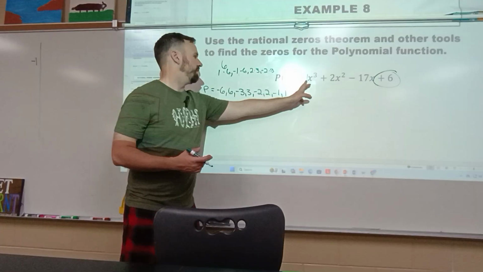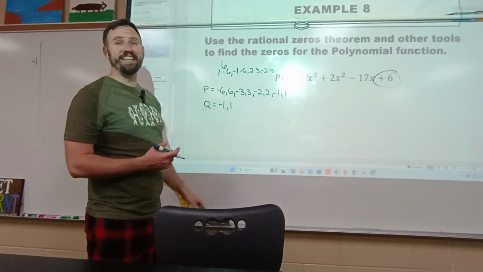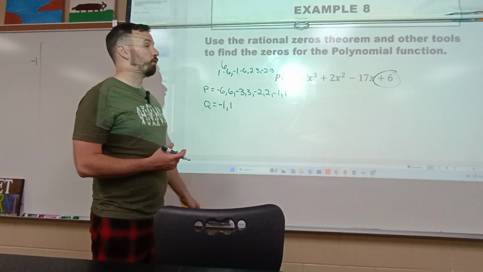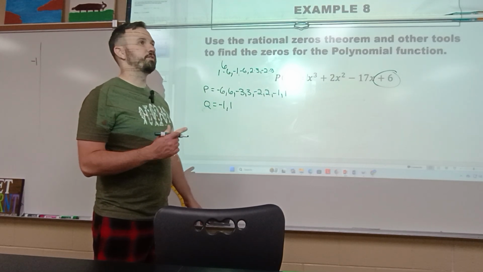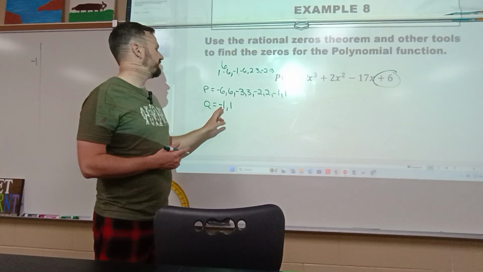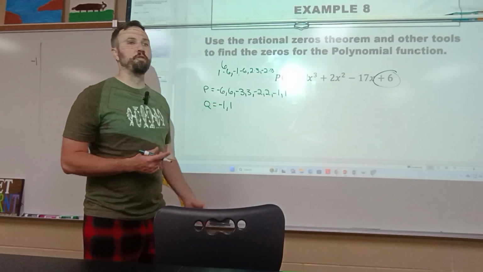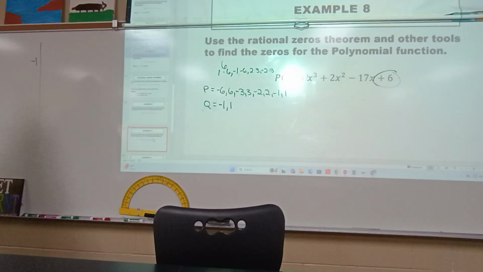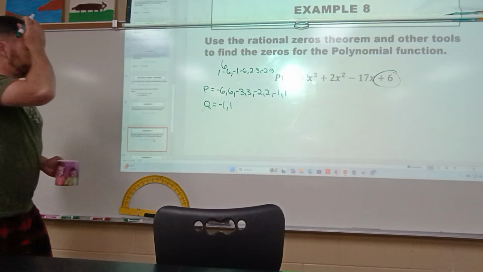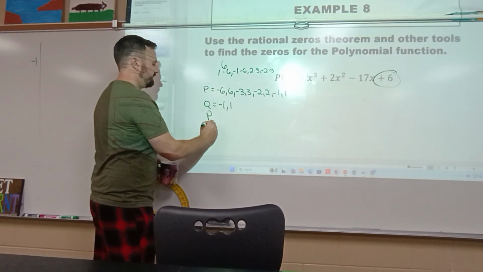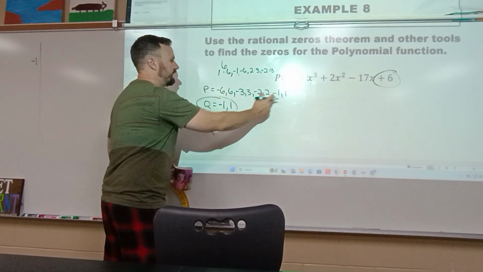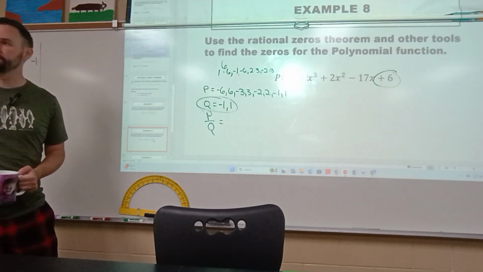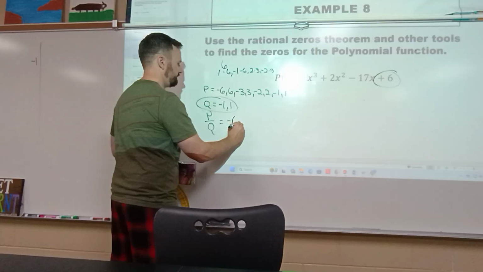Like if I had a 2 up here, there'd be 24 different numbers to try. So when you get to that, you don't use P over Q because it's not worth it. So now luckily, last time when we just had these ones, do I really worry about when I divide it? It's going to be the same numbers, right? Same numbers.